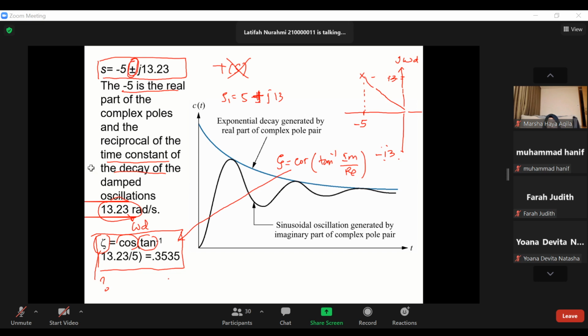Okay, so we'll stop here for the second order system. We already learned about underdamped.